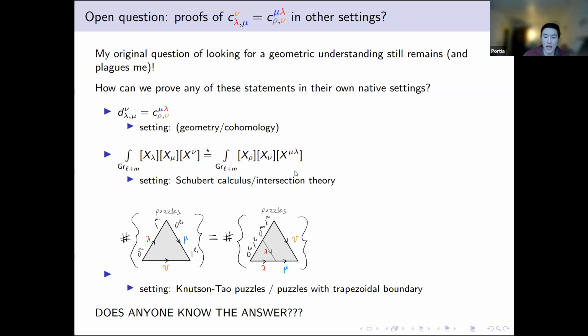And I realized that this is more complicated than I thought, because I thought that maybe I would give a talk and then everybody would raise their hand and say, oh, I know what it is, you just do this.